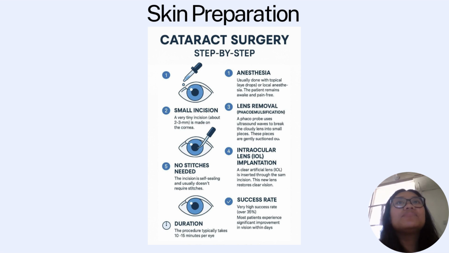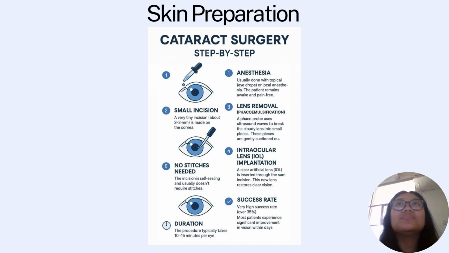For the skin preparation, during the surgery, we observed the first thing to do is that the patient was covered with a sterile cloth. Only the right eye was exposed because it will be the eye that we will be doing for the surgery.